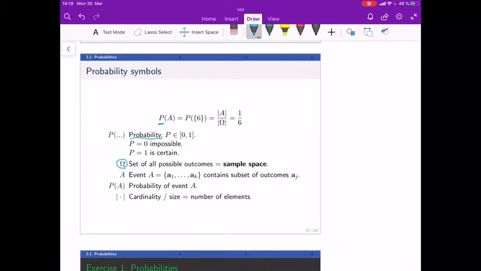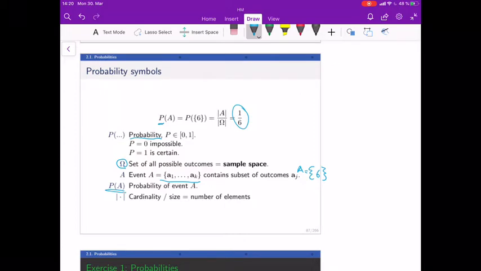If we're talking about events, an event A always contains a set of outcomes. For sets we use curly brackets, and we can write inside all the outcomes that can happen. For example, earlier we wanted a 6, so this would be our event A. Then we can say the probability of this event A is 1/6.